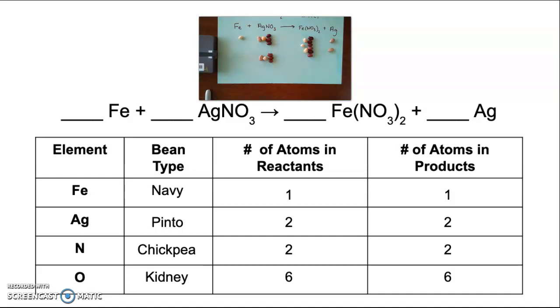All right, so everything is the same on the reactant and product side in terms of the number of atoms. And so all I have to do now is fill in my coefficients. So I've got 1 iron, I've got 2 silver nitrates, 1 iron nitrate, and 2 silvers. So I'm going to fill in a 2 in front of the silver nitrate and a 2 in front of the silver here.